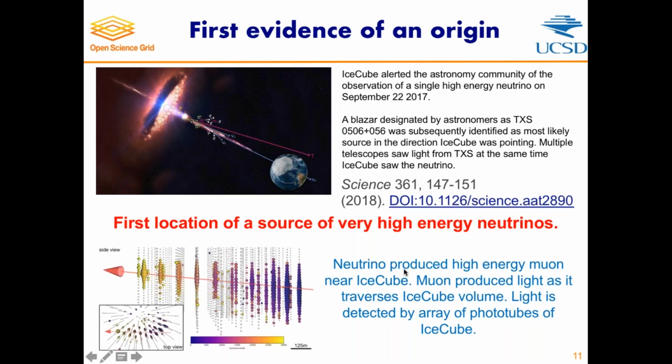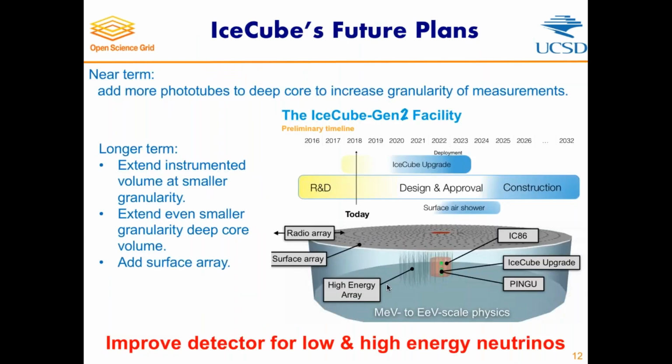You can click on this when you get access to these slides later. So bottom line, we have a first location of a source, a first indication that the hypothesis may actually be right. And we're now trying to improve the detection capability of the detector and just take more data and collect many of these.